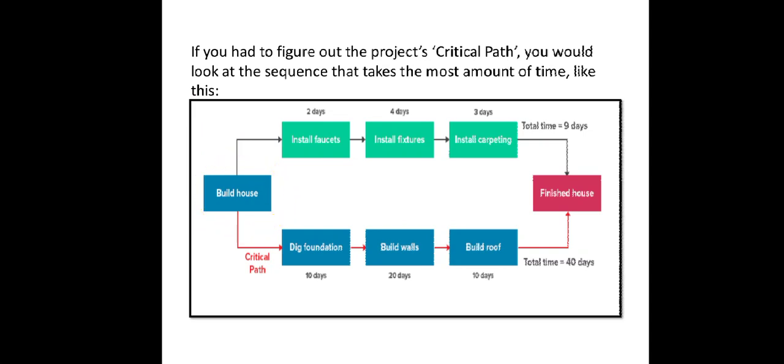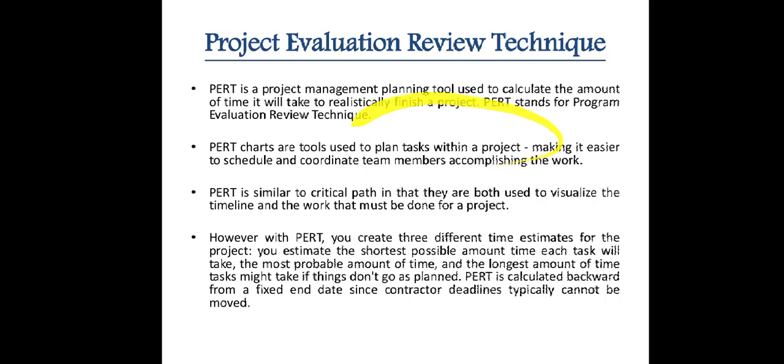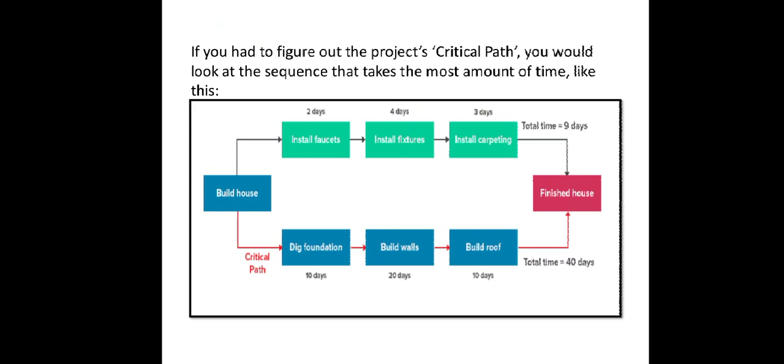So first the activities are divided into core and non-core activities. In the core activities, digging foundation is taking 10 days, building walls 20 days, building roof 10 days. So how much is total? 10, 20 plus 10, 40 days. And in case of installing faucets, installing fixtures, installing carpeting, it is taking 2 days, 4 days, 3 days, so total time is 9 days.